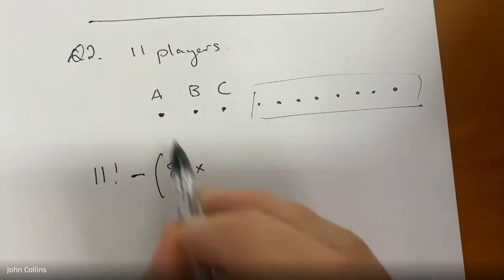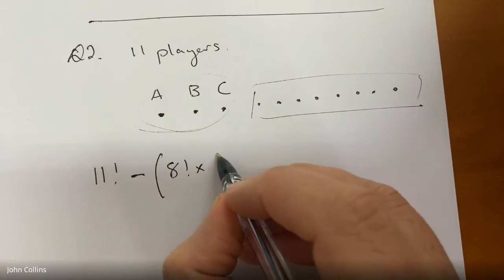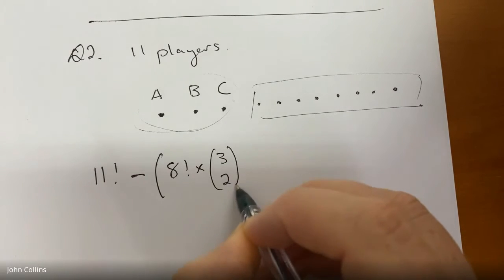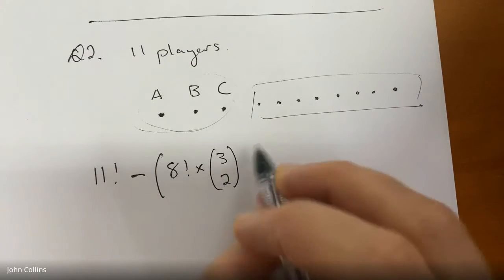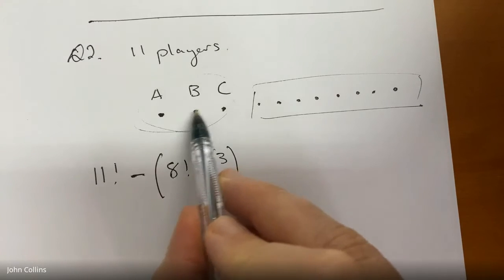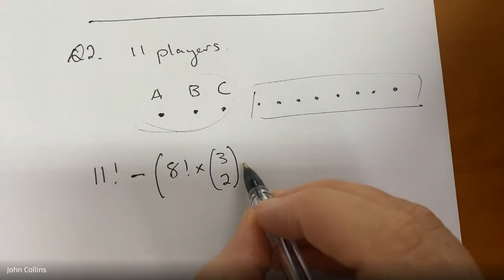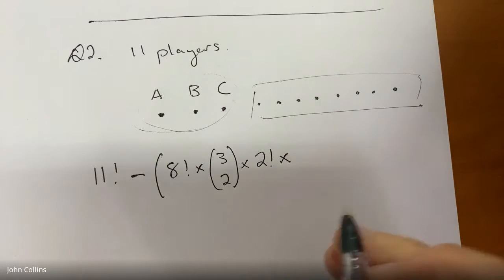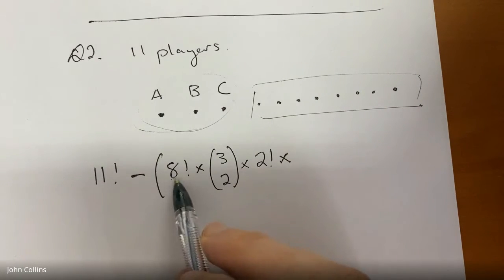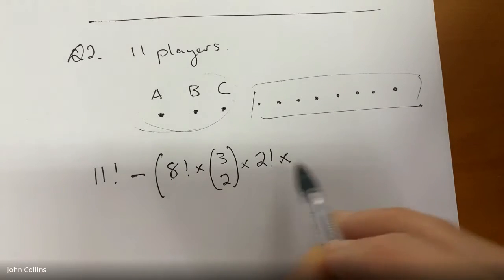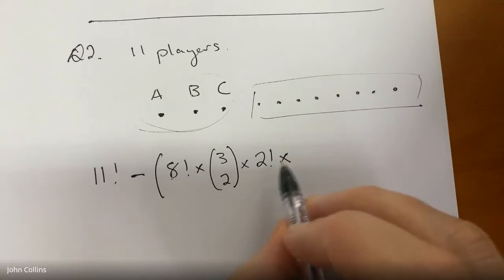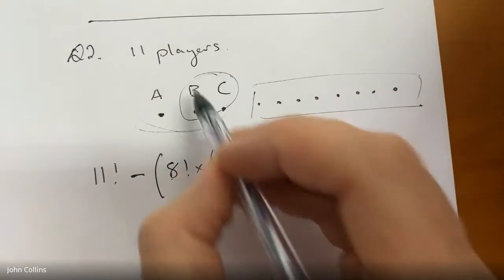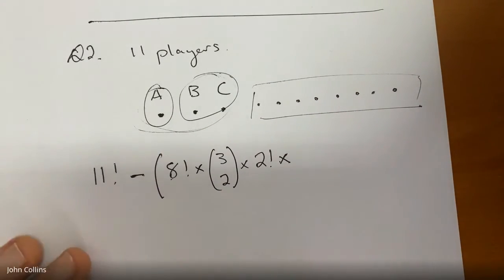Out of the 3 of them, we're going to select 2 of them to be together. Those 2 can be arranged B, C, or C, B, so they can be arranged 2 factorial ways, or just 2 ways. Now, this also must be multiplied. So you understand that if this and this happens, it's multiplying. There's BC as a pair, and A is like a separate dude.